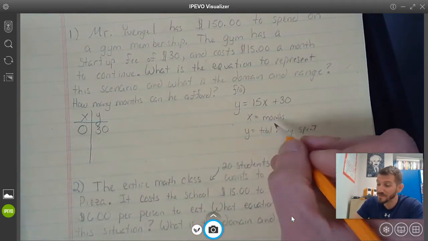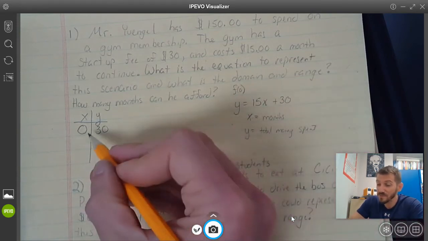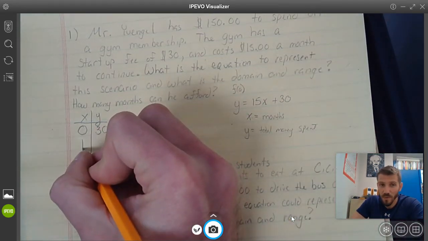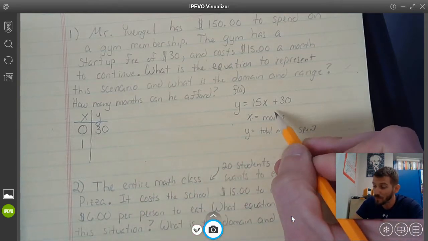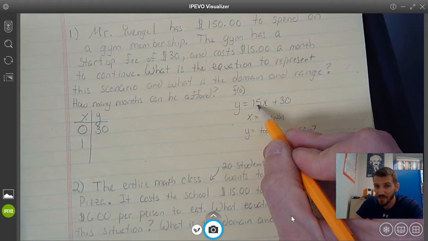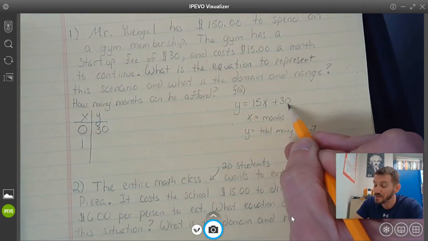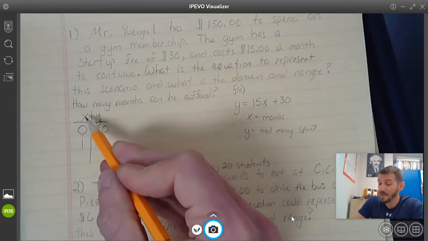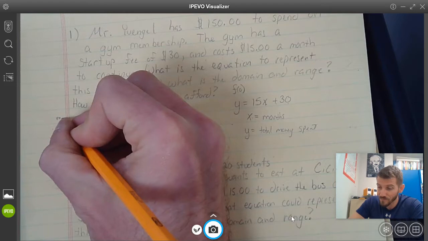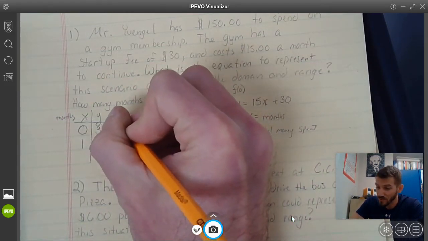Next, how many months could I work out after 0? You could work out for 1 month. If I worked out for 1 month, that would be $15 extra. So 15 times 1 is 15, plus 30 is 45. Again, X is my months and Y is my total spent.